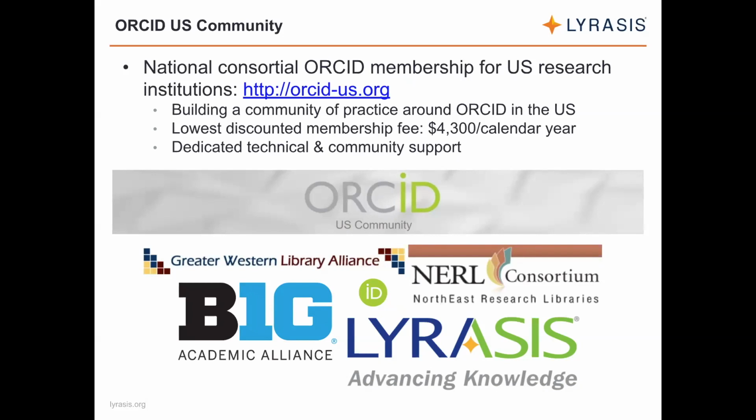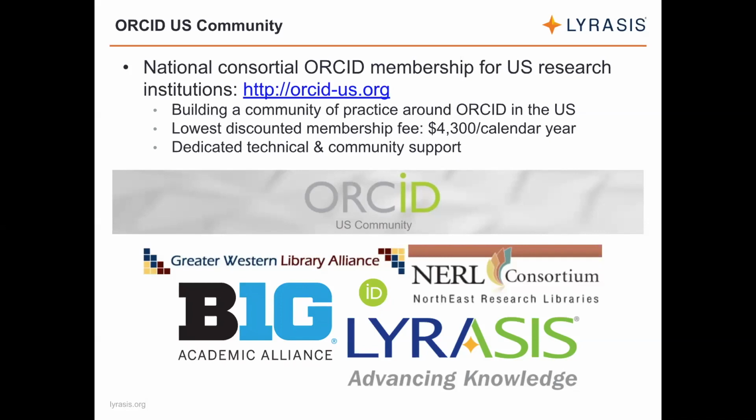Institutional membership in the ORCID US community is $4,300 per calendar year and includes dedicated support, access to 5 ORCID member API credentials, monthly newsletters and statistics reports, and participation in a growing community developing best practices and sharing knowledge in research and scholarly communication management, including access to the ORCID US members-only discussion forum.